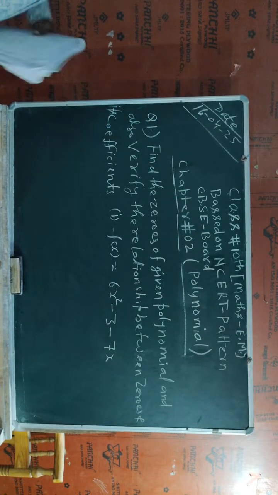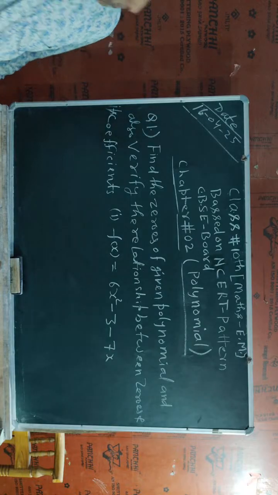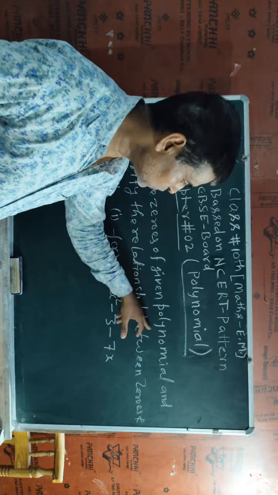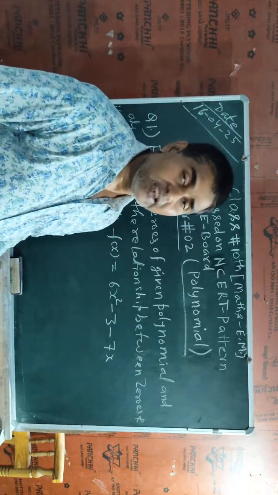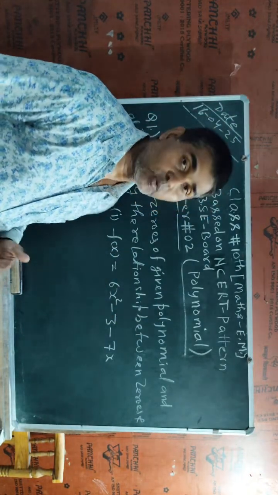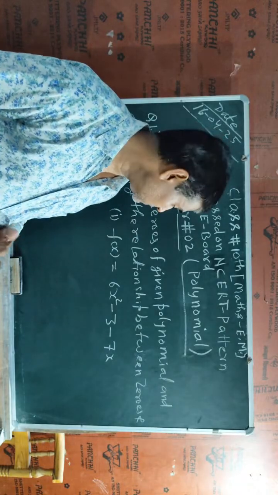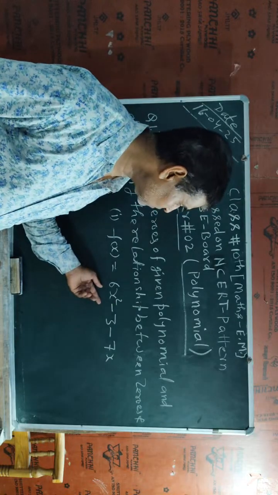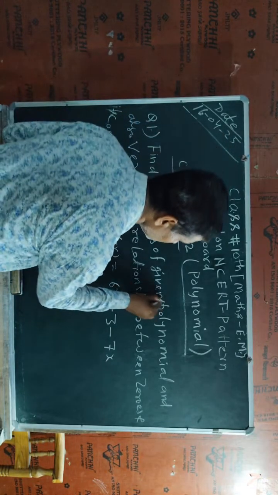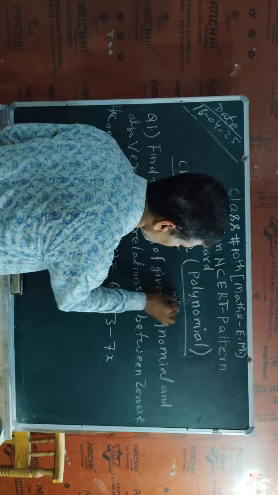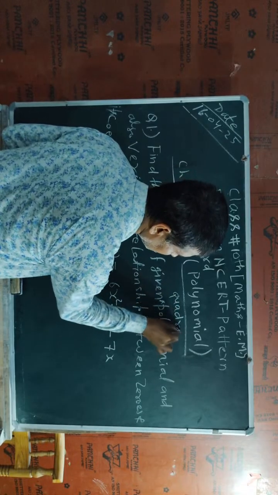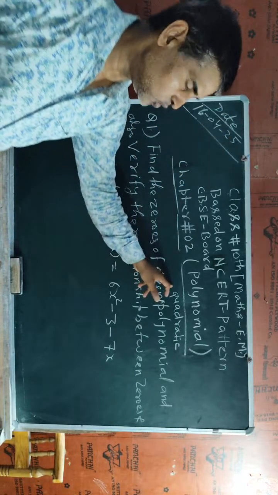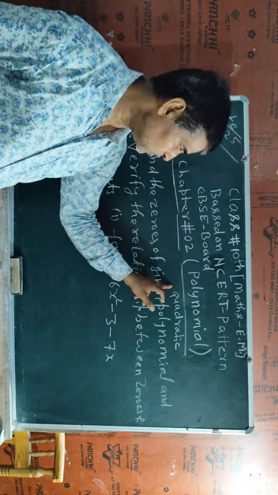Okay, students, so this is the question, and you have to write it properly. Find the zeros of the given polynomial. A polynomial can be linear, quadratic, or cubic, but here I have taken an example of a quadratic polynomial, because a quadratic polynomial has degree 2.